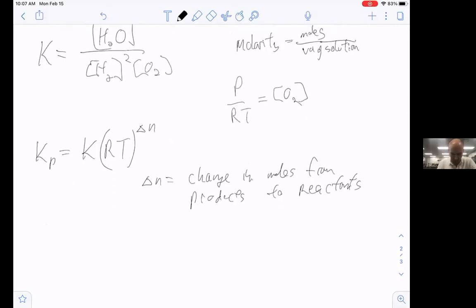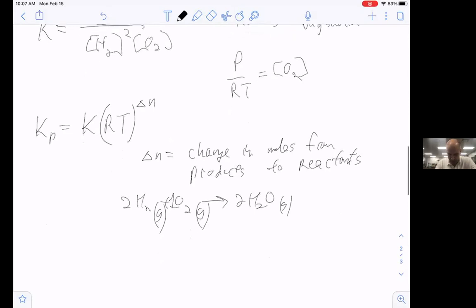So, for example, in this reaction, I've got 2 moles of hydrogen, 1 mole of oxygen, and 2 moles of product.